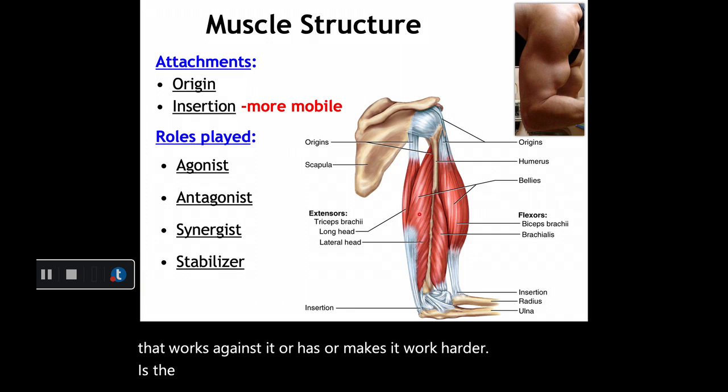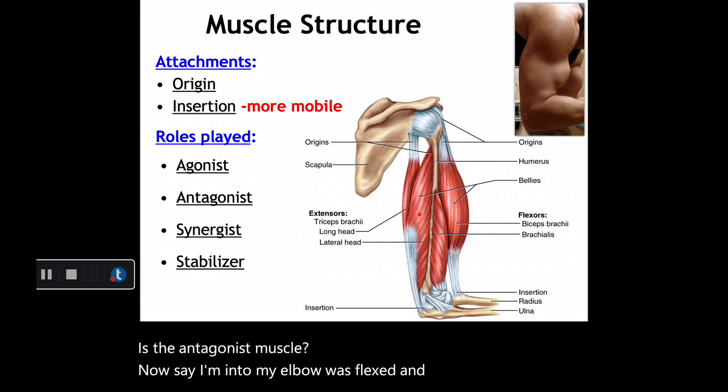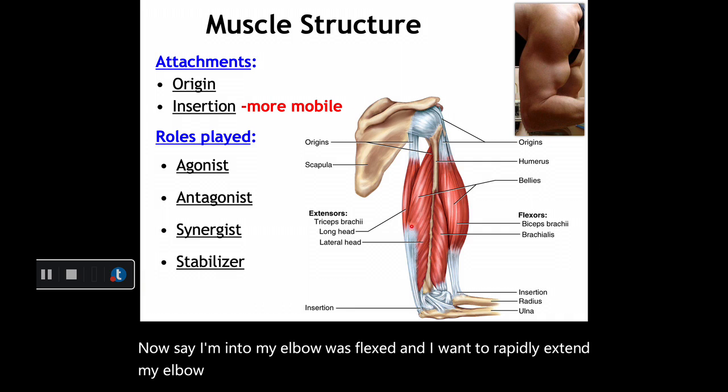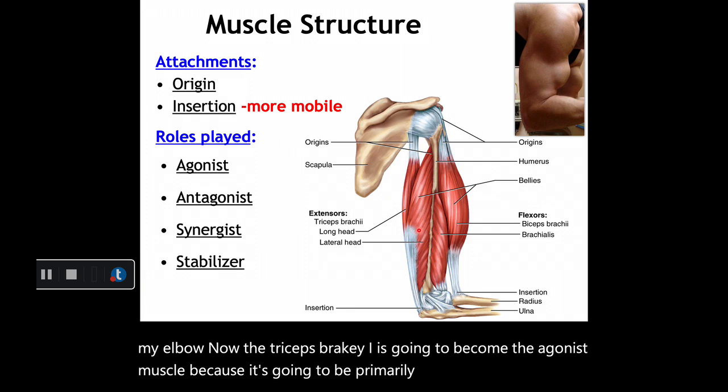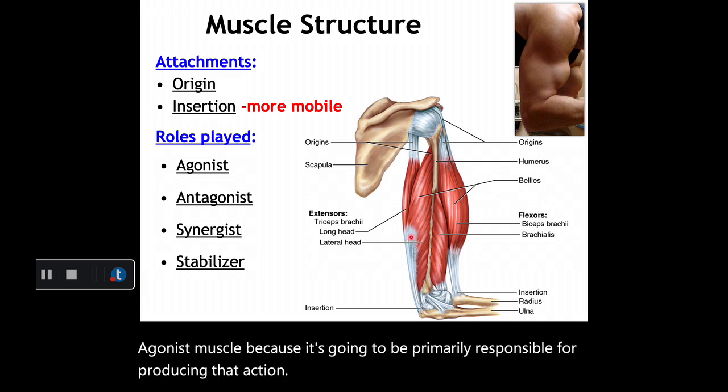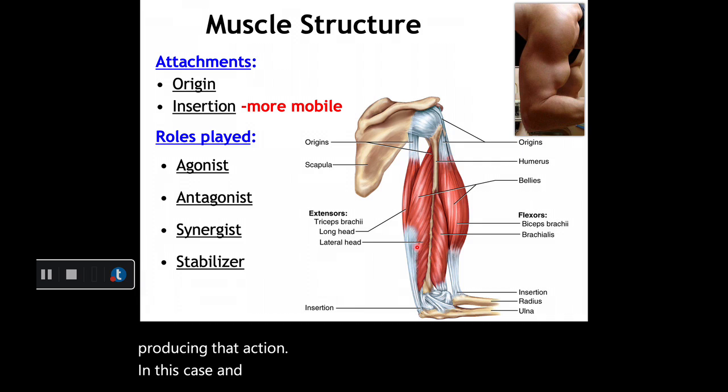Now say my elbow is flexed and I want to rapidly extend my elbow. Well, now the triceps brachii is going to become the agonist muscle because it's going to be primarily responsible for producing that action. In this case, while it's extending the elbow, these muscles on this side are stretching out.